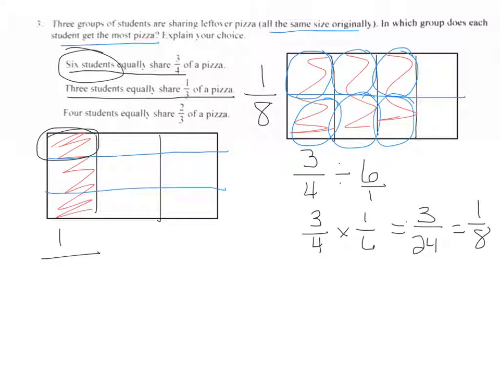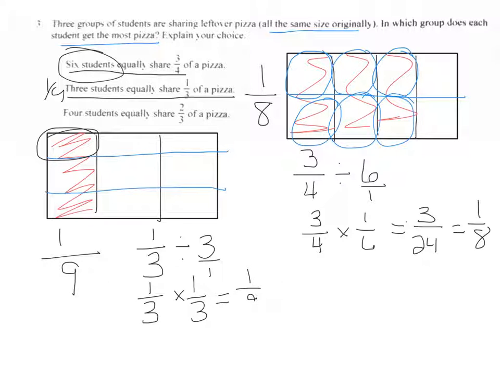So that's 1 out of the total of slices, which is 1, 2, 3, 4, 5, 6, 7, 8, 9 total slices. So that is 1/9. So I'm going to say these 3 get 1/9. And once again, mathematically, you would say I would have 1/3 divided among 3 students. We are going to change this to multiplication by the reciprocal, which gives me 1/9.